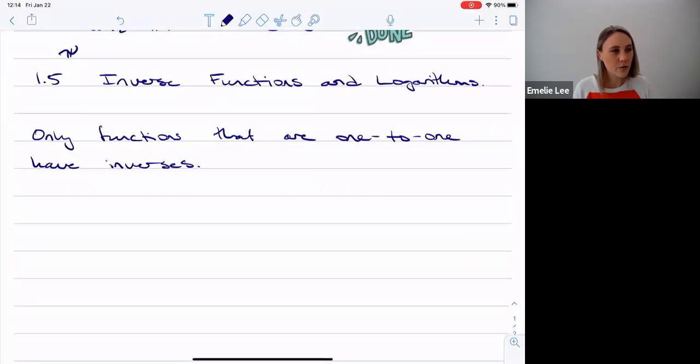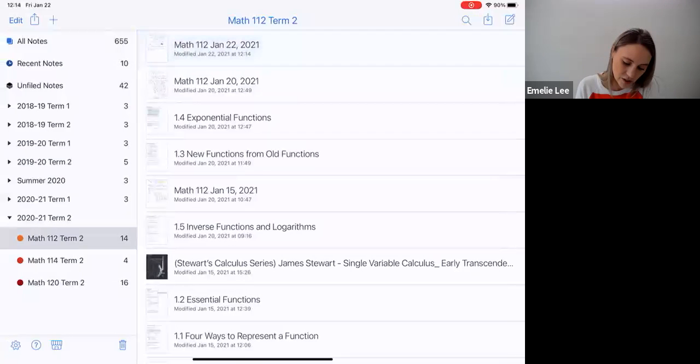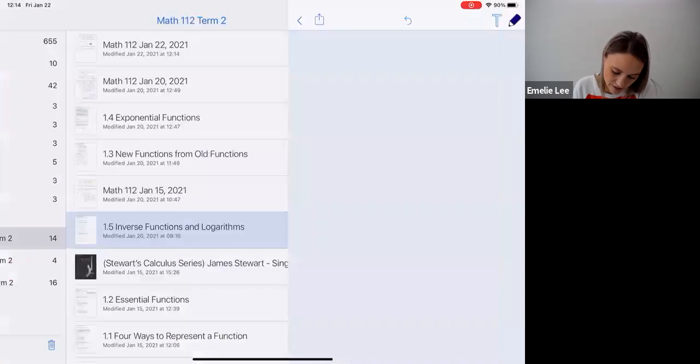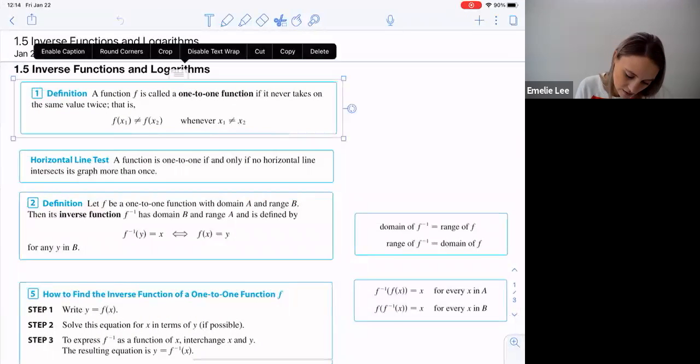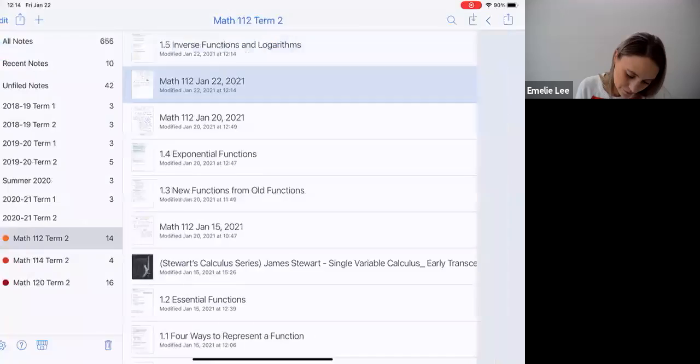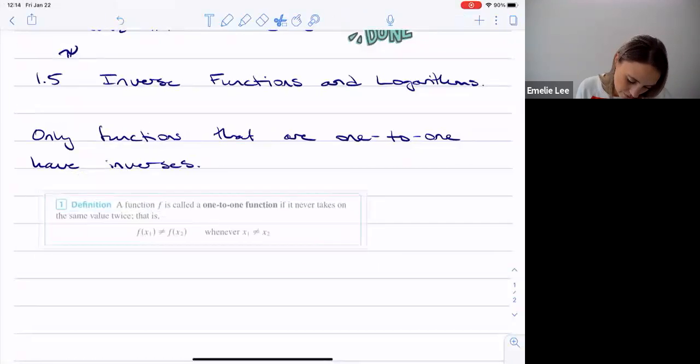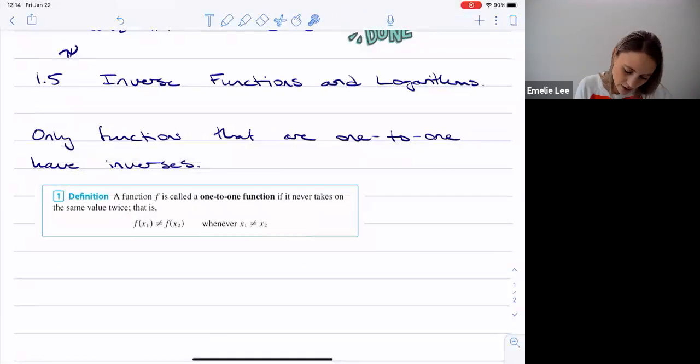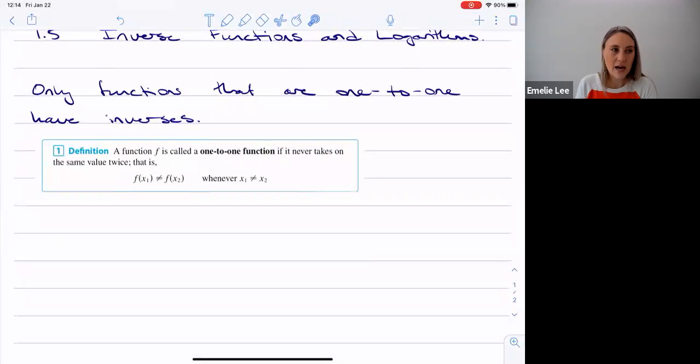Okay. So from our notes, I'm going to grab the definition of 1-to-1 so we can see what it means to be 1-to-1. And then we can talk about it. So a function f is called 1-to-1 if it never takes on the same value twice, meaning the output at x1 can't be equal to x2 if x1 is not equal to x2.